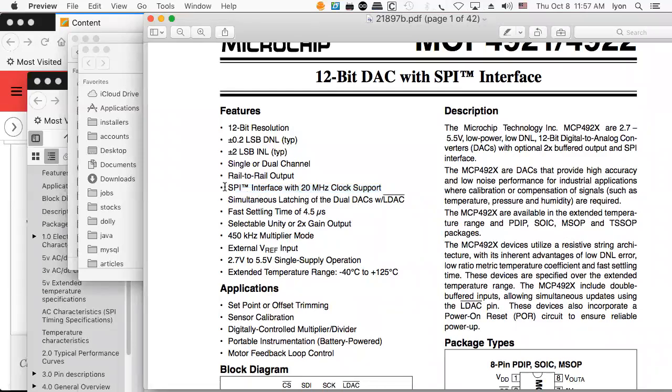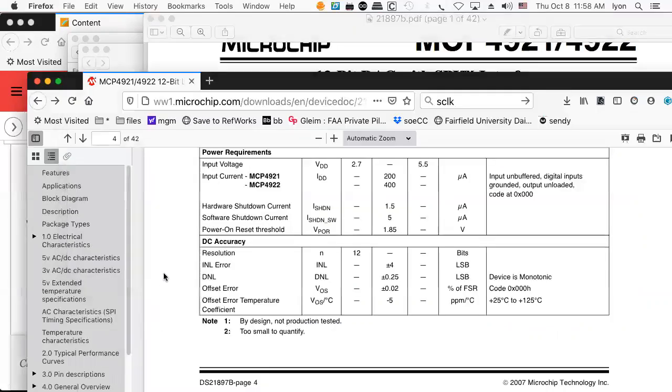If you had a number of these DACs, they could all be put on the same bus using chip selects, and then you could run them all at the same clock speed. That's one of the things about SPI. The serial clock is shared among all the devices, so it can't go any faster than the slowest device. But this one's a pretty fast device, especially relative to our little toaster controller.